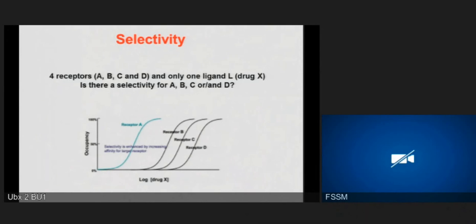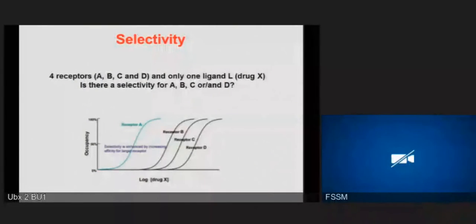You can see that for one ligand, a drug X, if you increase the log of the concentration of the drug X, you will have a full occupancy of receptor A for low concentrations.